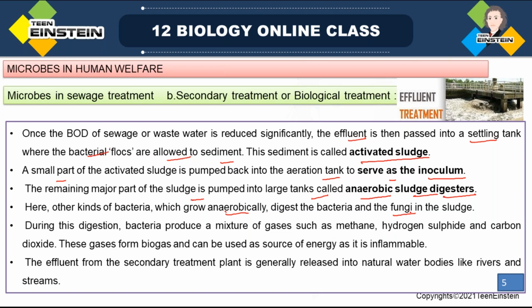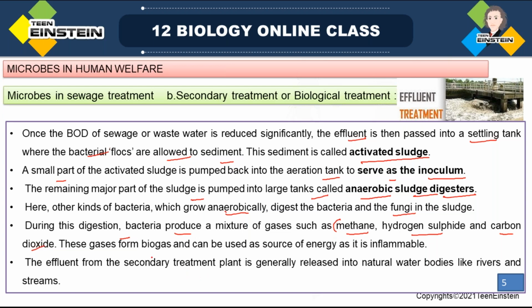Okay, during that kind of digestion, the bacteria produce a mixture of gases. So what gases are in that mixture? Methane, hydrogen sulfide, and carbon dioxide. In that mixture of gases, methane will be there, hydrogen sulfide will be there, and carbon dioxide will be there.